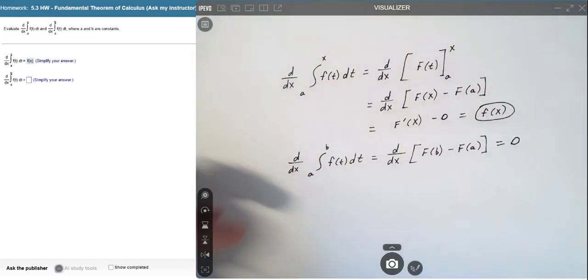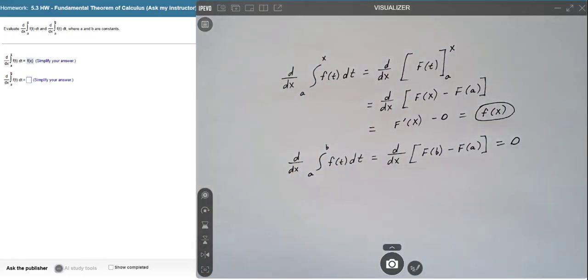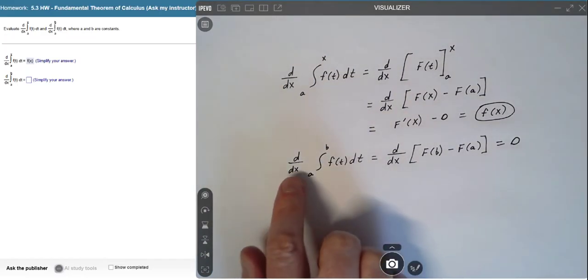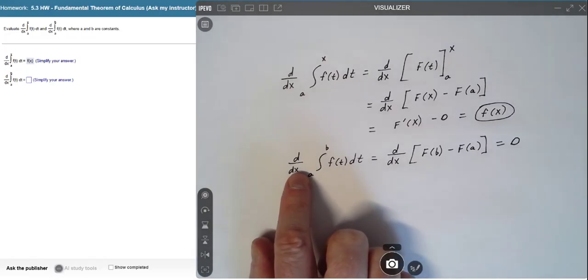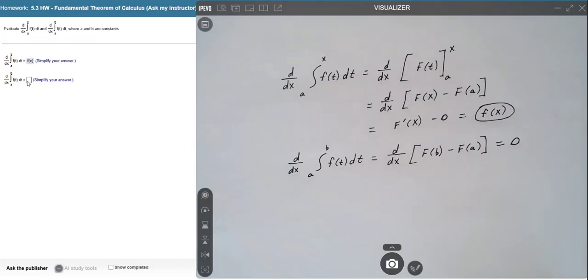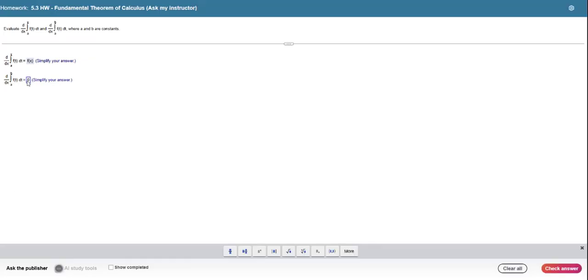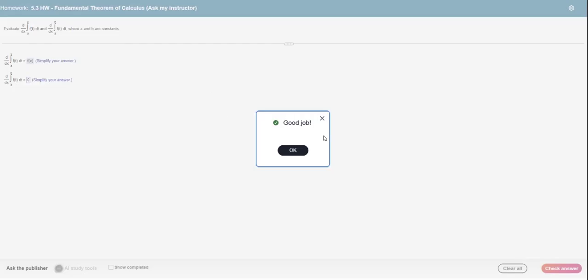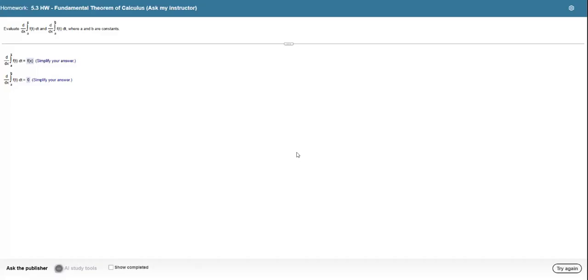So anytime you don't have variables for your limits of integration in terms of what you're trying to take the derivative with respect to, your answer is always going to be zero. So for this one, we would go in and say that one's a zero. And good job. Thank you. And I believe that's it for that problem.